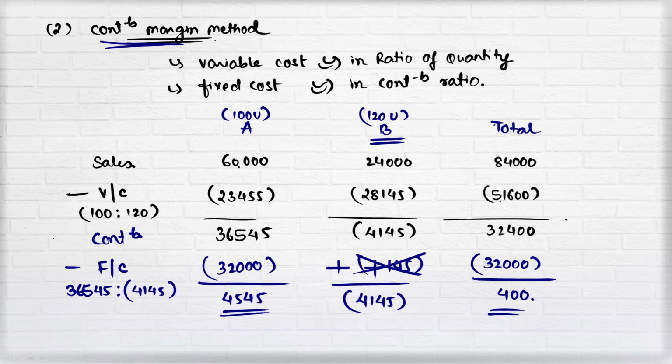How to divide variable cost? The problem is I cannot find out contribution without dividing variable cost. I can find out my answer of contribution once I divide my variable cost. So without dividing variable cost by suitable method, you will not be getting contribution. Then in which ratio you will be dividing your joint cost? So contribution margin method is simple. Variable cost in quantity units and fixed cost in contribution ratio.